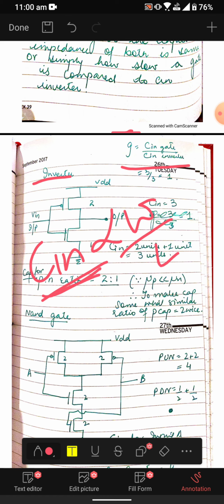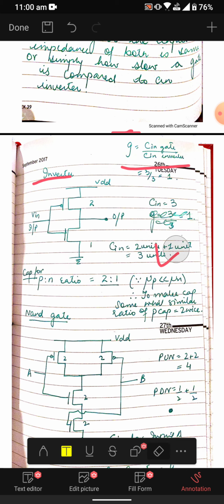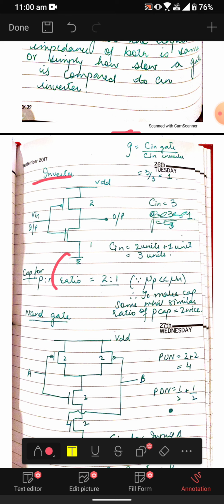So whatever sizing of the transistor you have done, the value of C in will be scaled by that factor. So I can replace C in by W by L, keeping all the parameters constant.